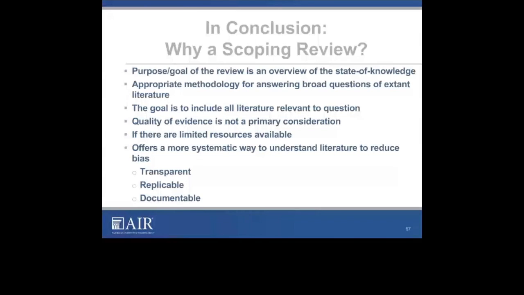The goal is to include all of the relevant literature to the question, to try to minimize that bias of selection and inclusion. Quality of evidence is not a primary consideration, but it could be.